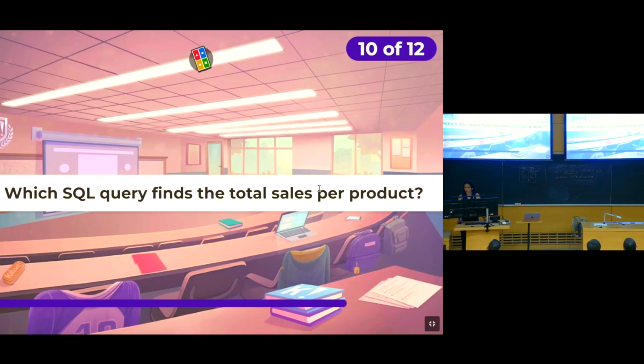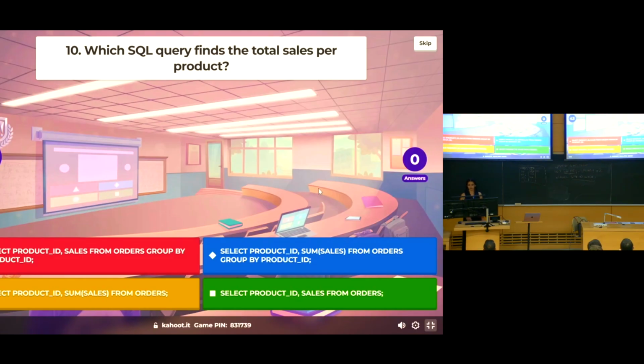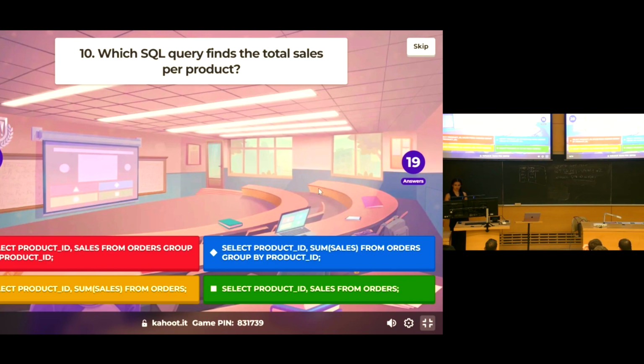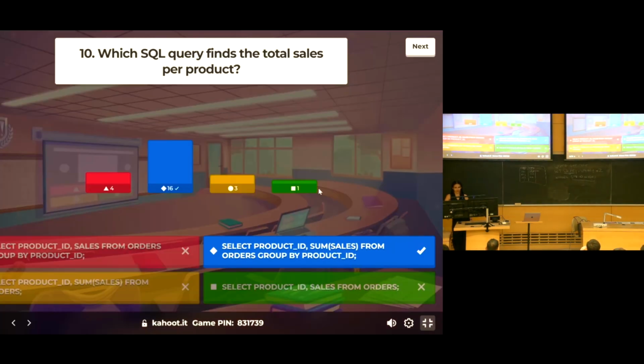Which SQL query finds the total sales per product? So the first one, what is the problem with this one?